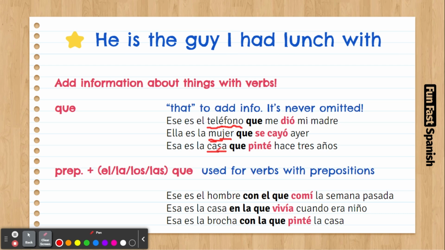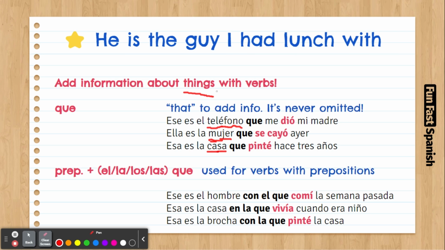I'm talking about this house que pinté hace 3 años. This is the house I painted 3 years ago. So as you can see, I'm adding information about nouns, things, yeah? Things, I mean, it could be a person, a place, a thing, anything.